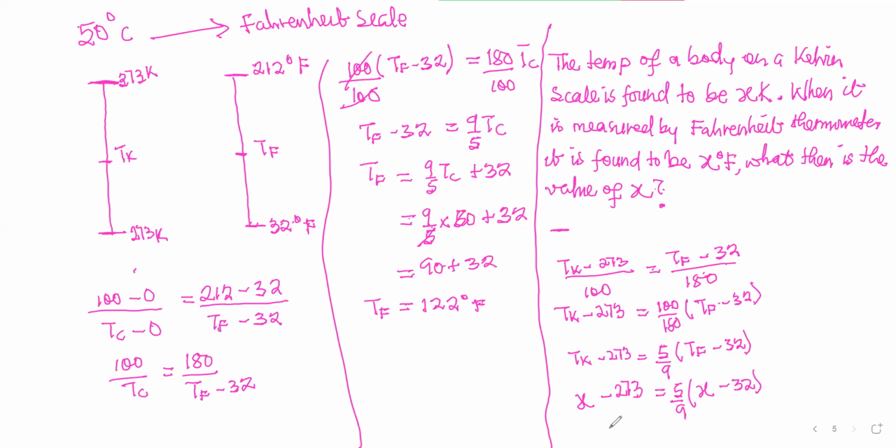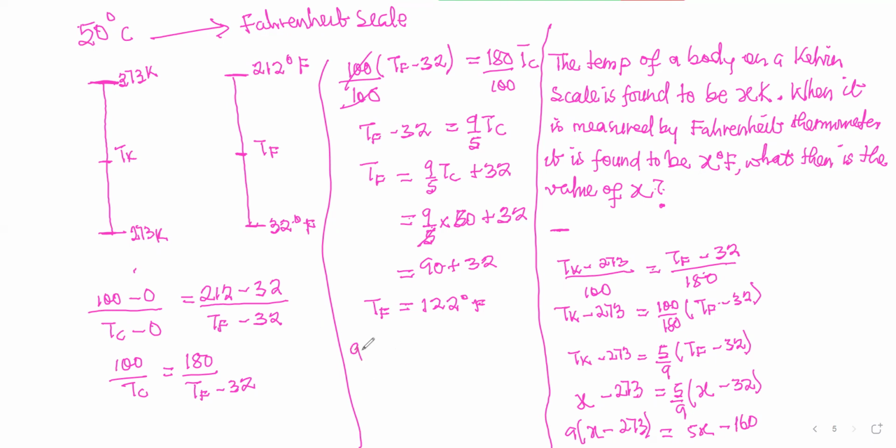So 9 times (X minus 273) would also be equal to 5X minus, what is 32 times 5? 160. Then you solve for X.